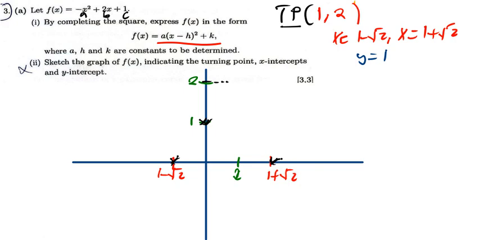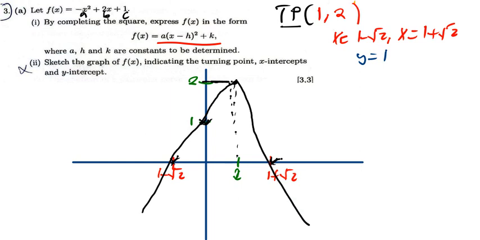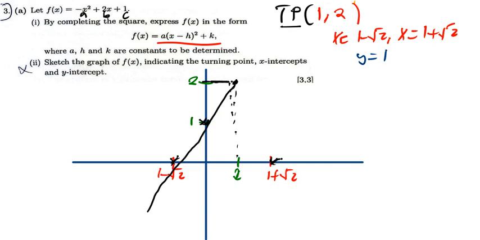When you reach here, it has to turn. So the graph will look like this. It comes there, it reaches there, then it turns like that. Now let me draw a neat line.